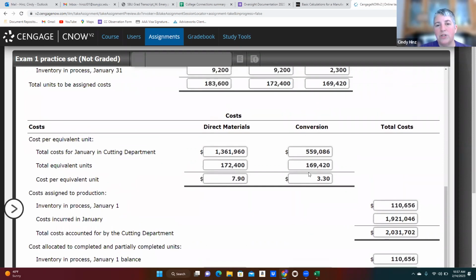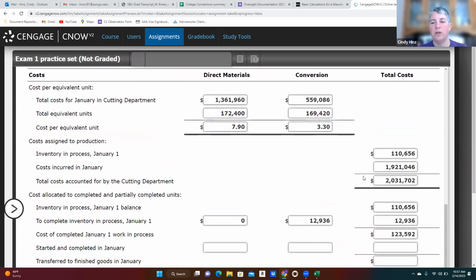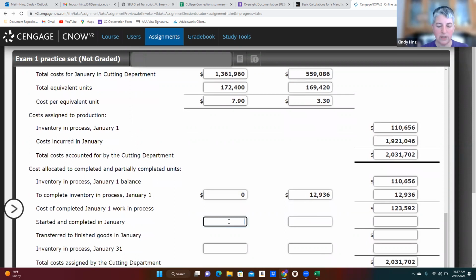Started and completed in January, that was 163,200 units. 163,200 units of direct materials at $7.90 each. And then 163,200 units of conversion cost at $3.30 each.